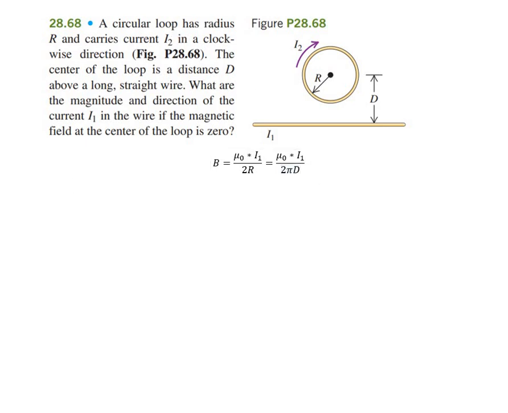We can define the equation for the loop as B2 equals mu 0 multiplied by current I2 divided by 2R.